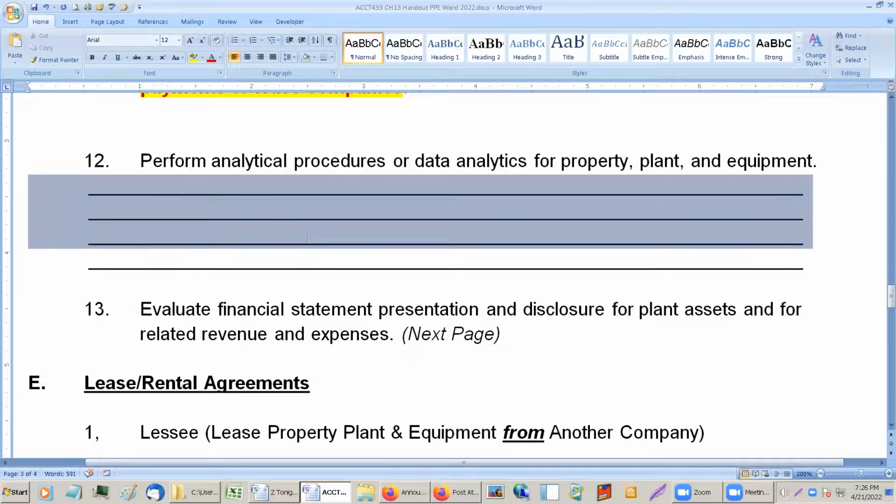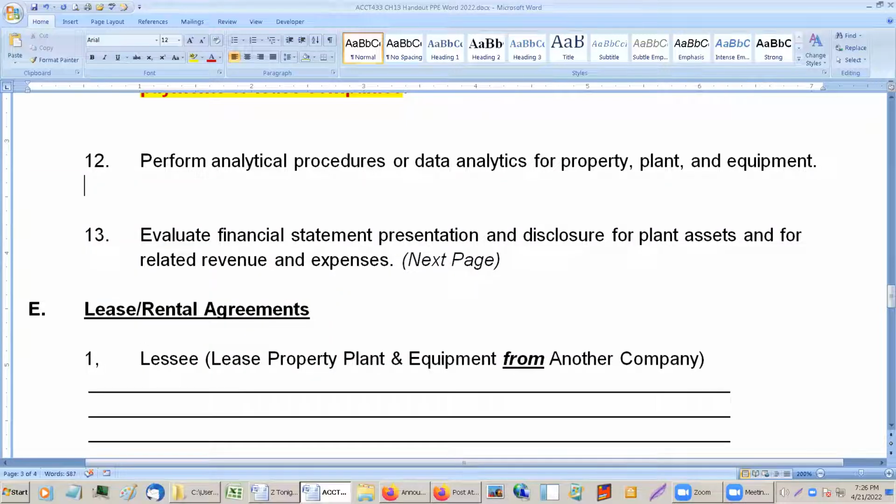Okay, perform analytical procedures or data analytics for property, plant, and equipment. And this is basically ratios. Could be sales over, say, average assets.